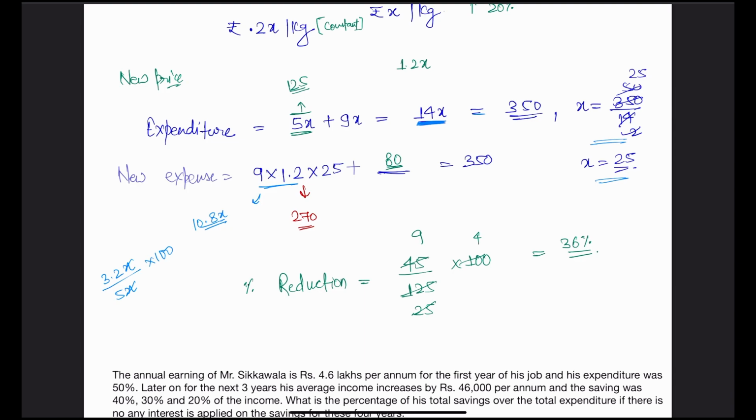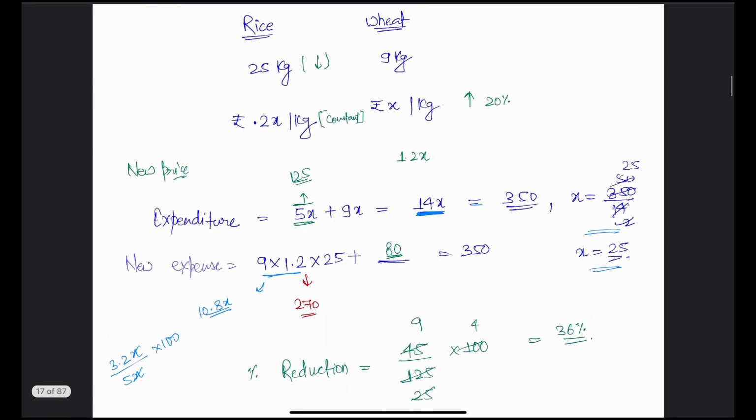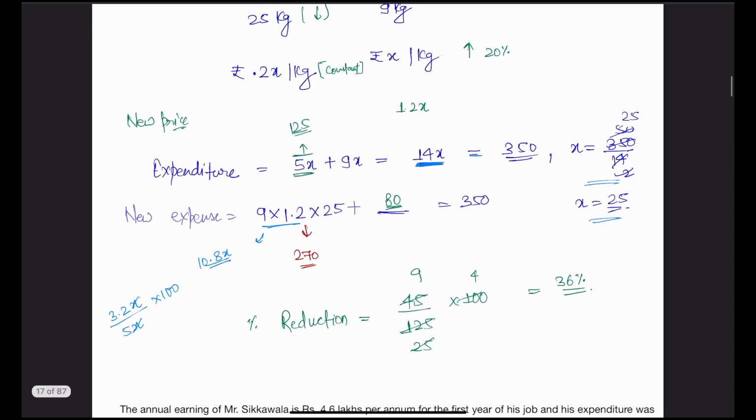Actually, I made a mistake. It should not depend upon the value 25. Okay, why am I using 14? With the help of 14 only I could find the value of rice. Correct? And previously the value of rice was 5x.